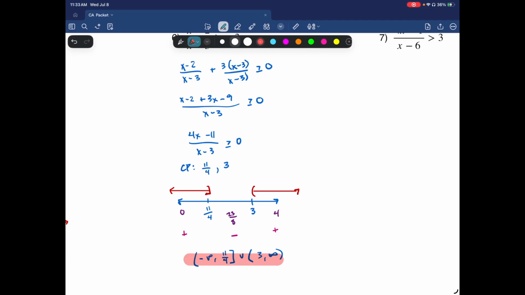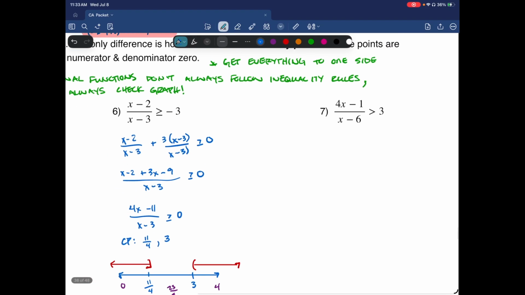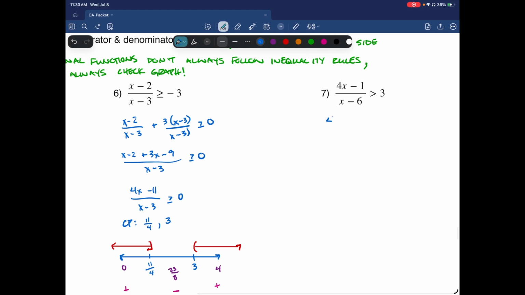All right. Last one. So I got (4x minus 1) over (x minus 6) minus 3(x minus 6) over (x minus 6) greater than 0. All right, so I got (4x minus 1 minus 3x plus 18) all over (x minus 6) greater than 0.